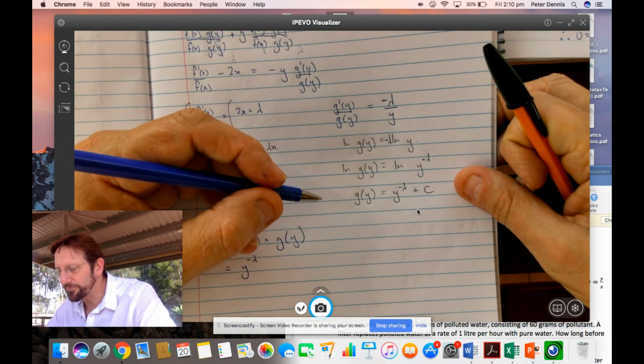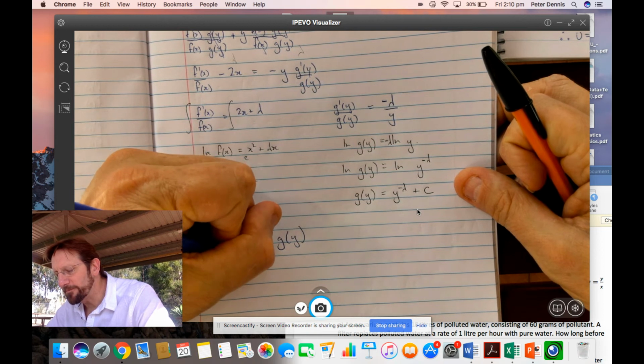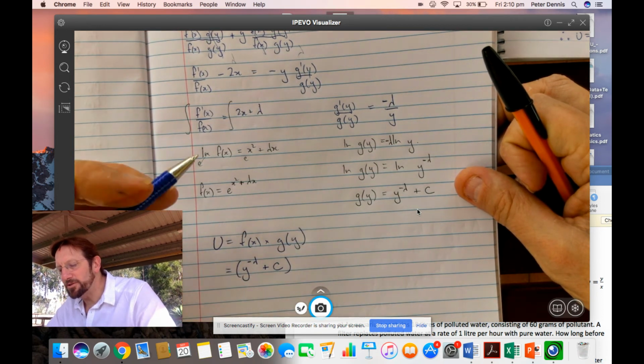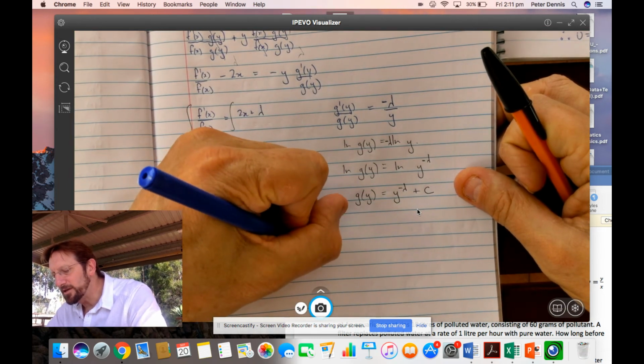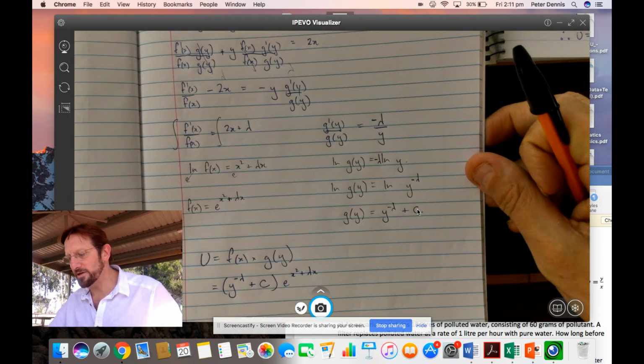Yep. Not sure of that plus c, but multiplied by this, which is just going to be e to the x squared plus lambda x. And that's a pretty good solution, I'd say, to the end of it.